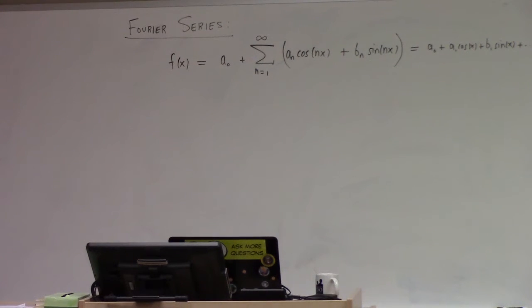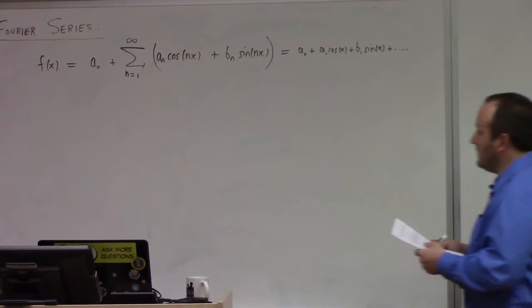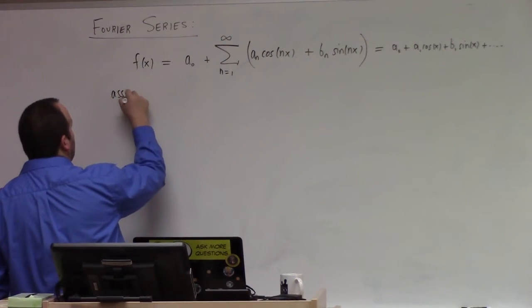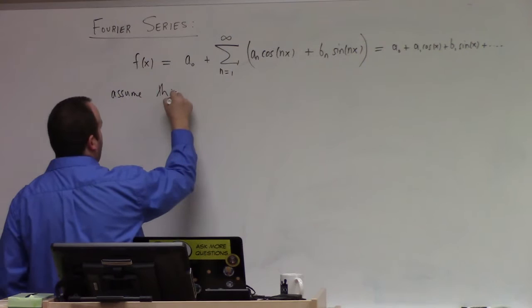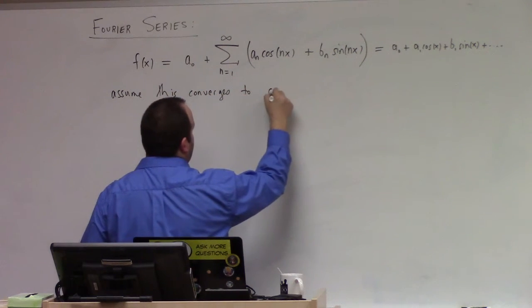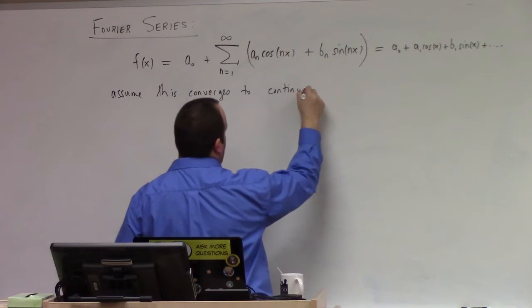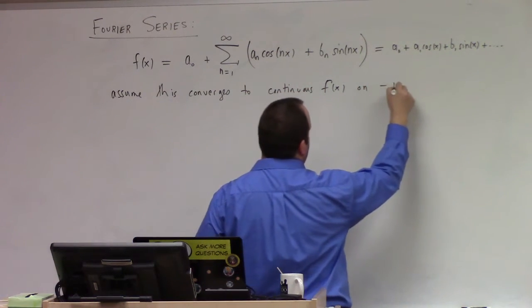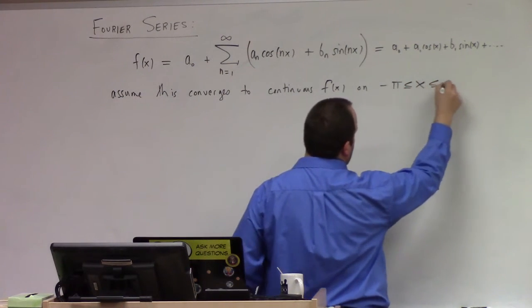So we start by assuming the trigonometric series converges and has continuous function f of x as its sum on the interval. As a starting point, we assume this converges to a continuous f of x on minus pi less than or equal to x less than or equal to pi.